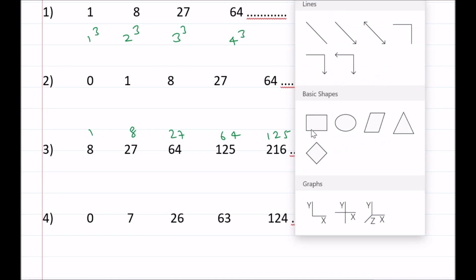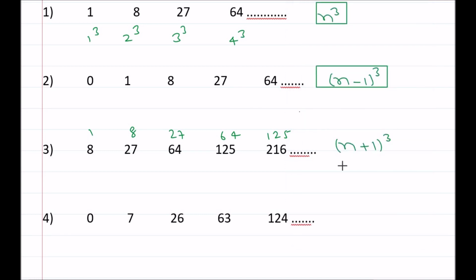And you can check whether it is working or not. 1 plus 1 is 2, 2 cube is 8, so we get the first term. Then for the second term, put n equal to 2, 2 plus 1 is 3, 3 cube is 27. So this is working.